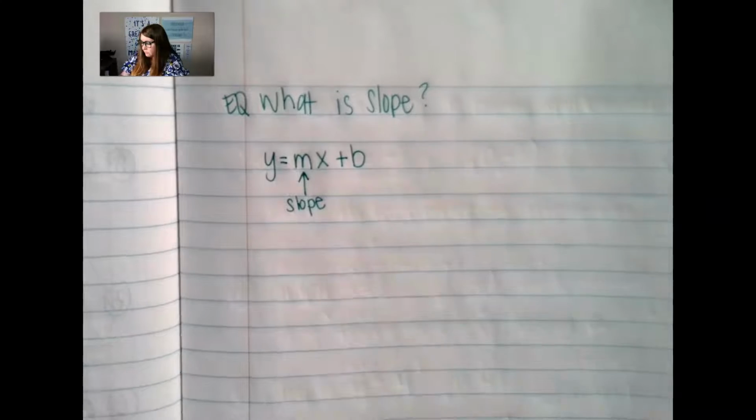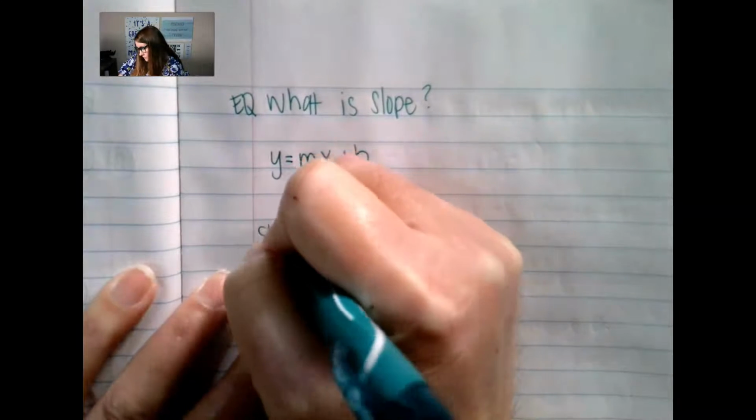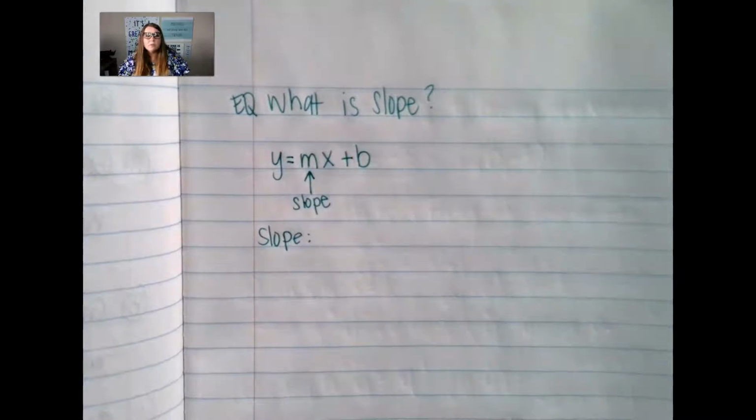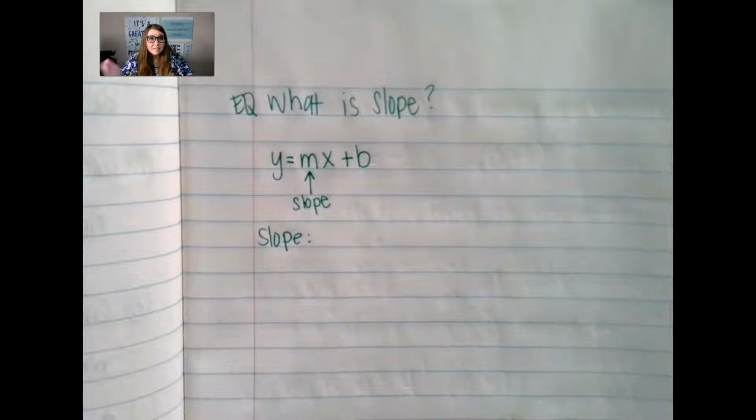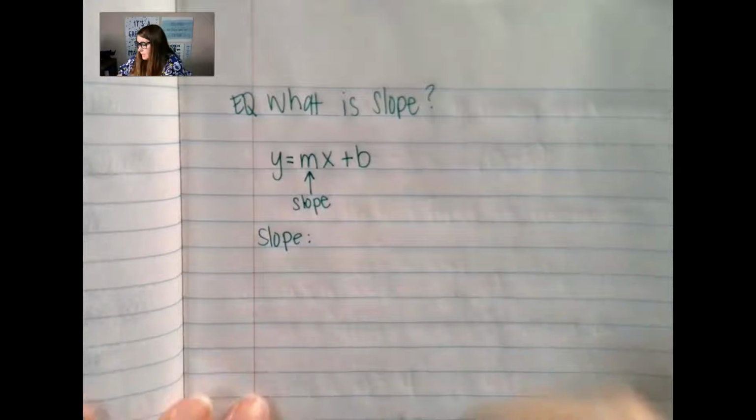Well, the slope of a line is how steep the line is. So it's how much of an increase or a decrease the line has when you graph it. So the slope of a line is a measure of the steepness.